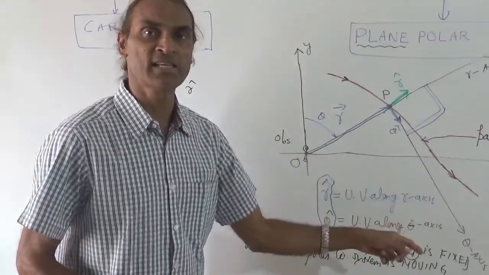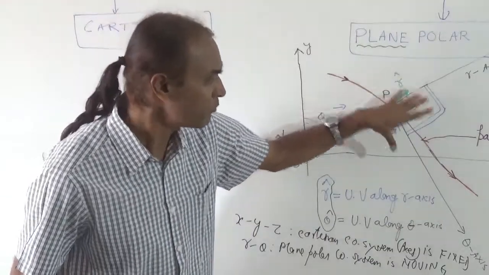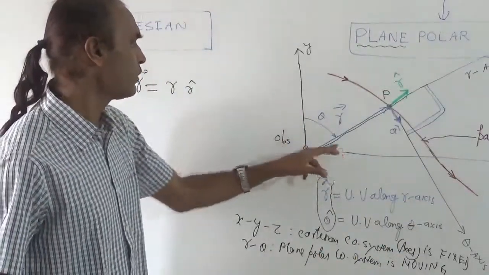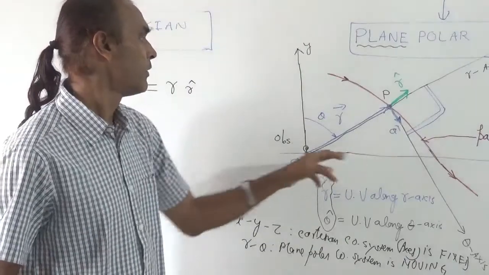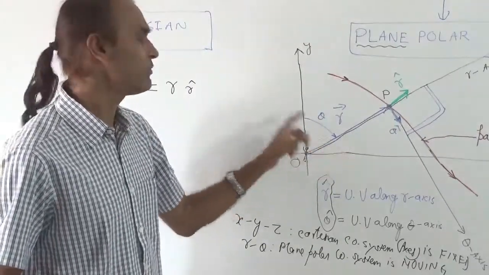The r-axis and theta axis move, whereas the x and y axes in the plane Cartesian coordinate system are fixed.